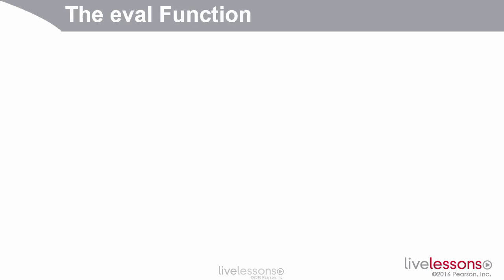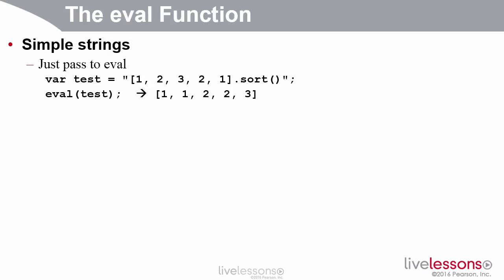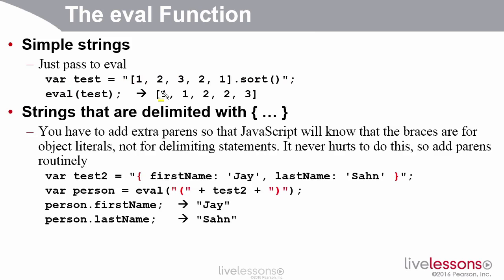Okay, so eval is very rich. You can take any string whose content looks like it would be JavaScript, and you pass it to eval. And it's as if you had run the JavaScript code on the first line directly. Now, if the string is in simple format, you pass it directly to eval. But there's a funny exception.